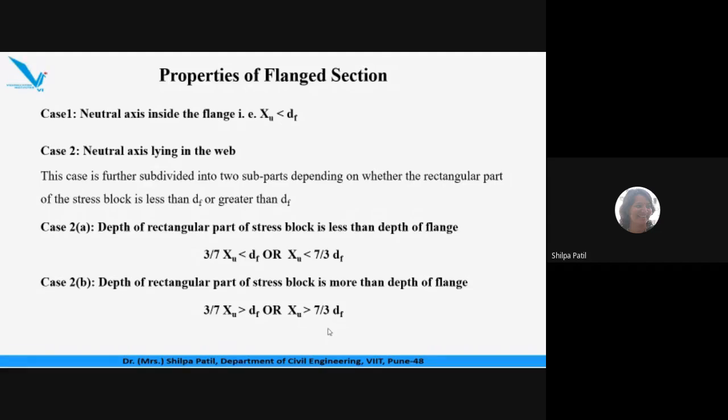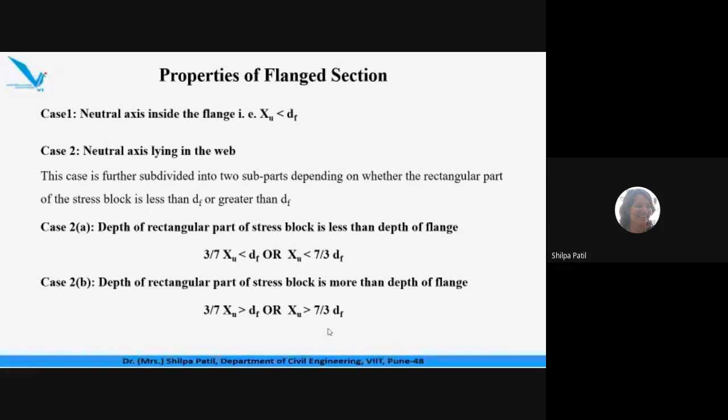Now, when we design the T-beam, we have to decide which case to consider. Actually, when we design the beam, we don't know initially where the neutral axis lies, what the value of XU is, whether it is inside the flange or within the web.